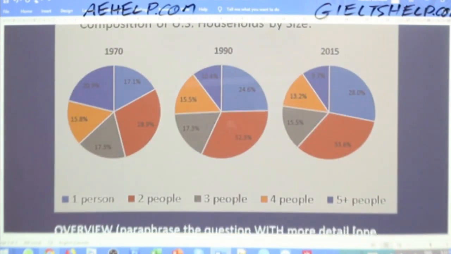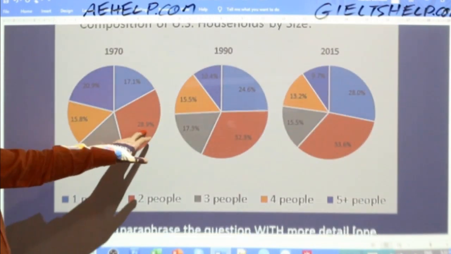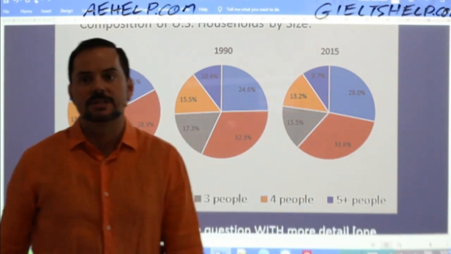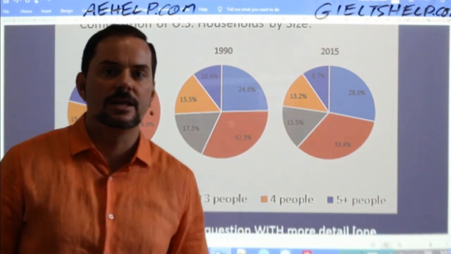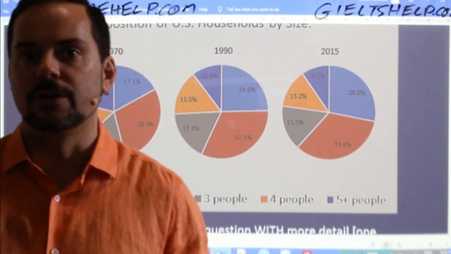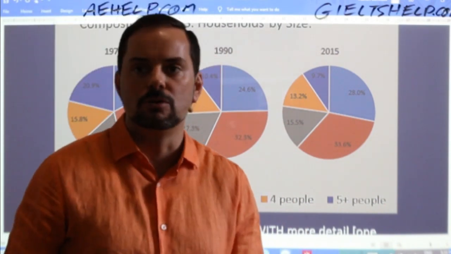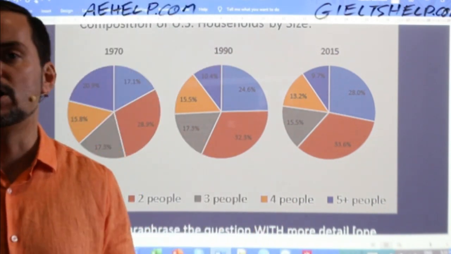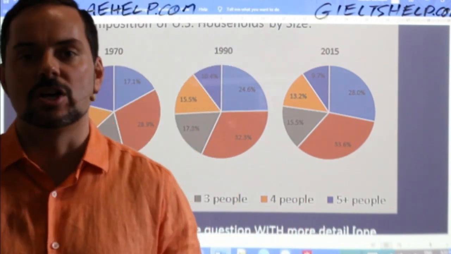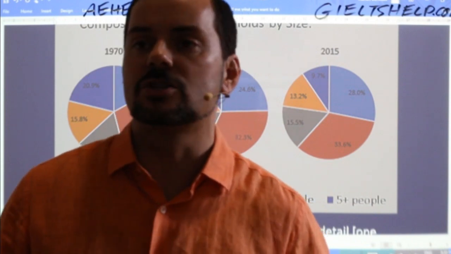The examiners don't want to see you writing 28.9, 33.3, 33.6. It's too much, okay? They don't want to read that. They want to read clear description, okay? You're not just reporting like a computer, okay? An expository essay is explaining the information. It's not just a descriptive essay describing the information.